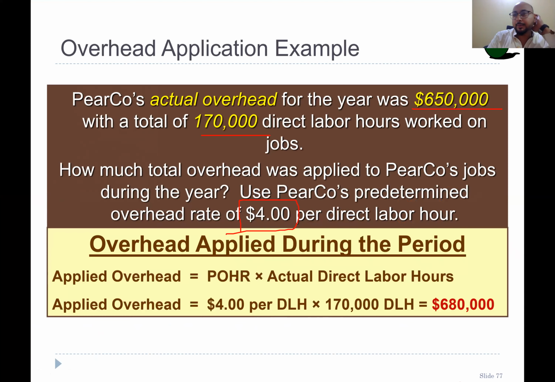So we know that we cannot compare this 4 with the actual one. Why? Because the actual should be based on 170,000 direct labor hours. We need to compare apple to apple. So we find out what would be the applied overhead based on the actual one. We multiply the applied rate with the actual labor hours.